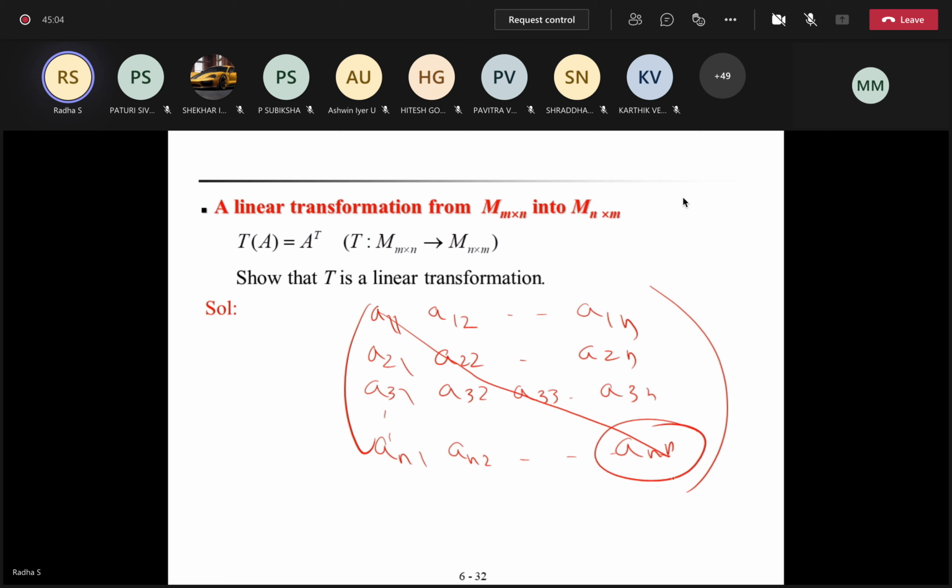So I can replace the last one by minus a11, minus a22, minus a33, and so on, minus a n minus 1, n minus 1. So one variable is removed. Initially the dimension was n into n. Understood?